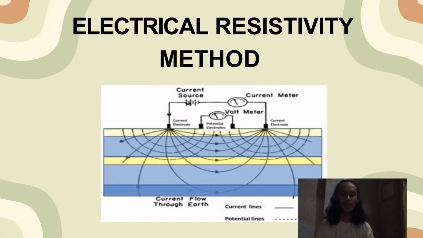Current is passed through the ground via the outer C electrodes, and potential difference is measured between the inner pair P. In the Wenner array, the separation between each electrode, A, is equal.